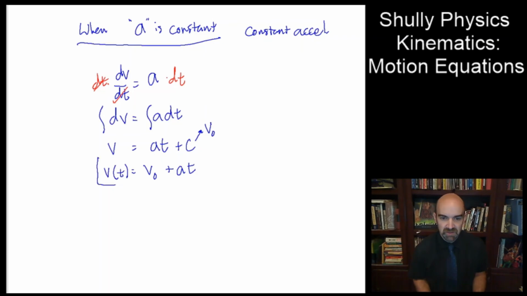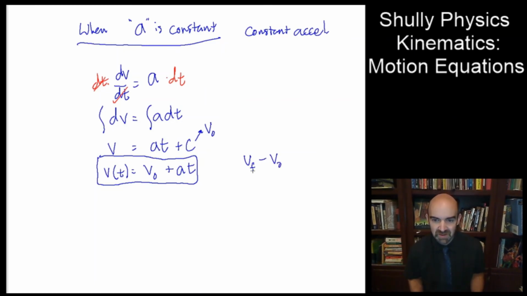If you've taken a physics class before, you may recognize this as one of the equations of motion. And by the way, v of t could be a final velocity at a certain time. And if we subtract v0 on the other side and divide by the elapsed time it takes for that event to happen, just algebraically you rearrange this and you get change in velocity over time.